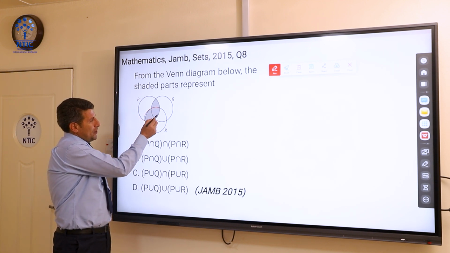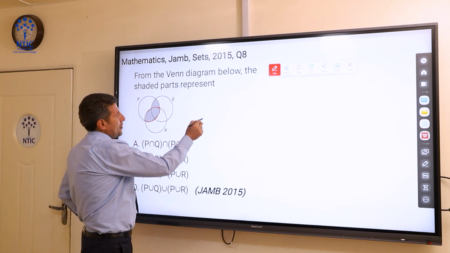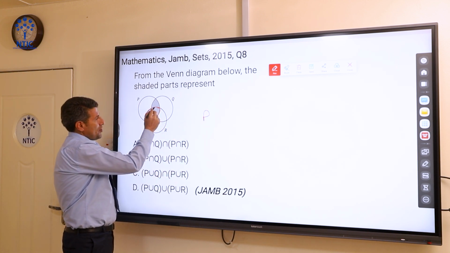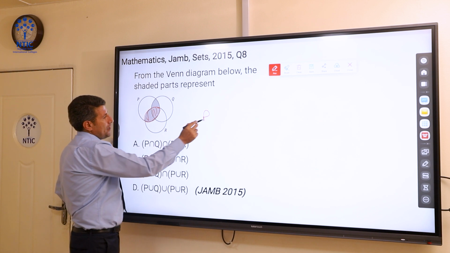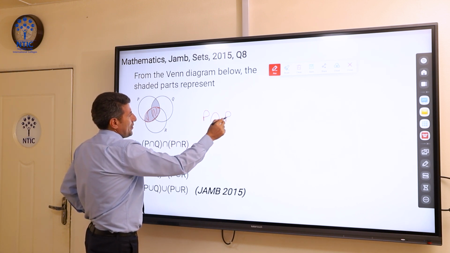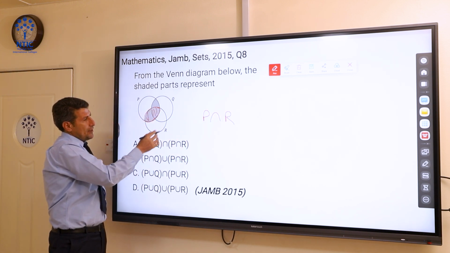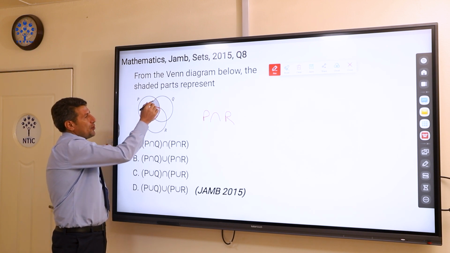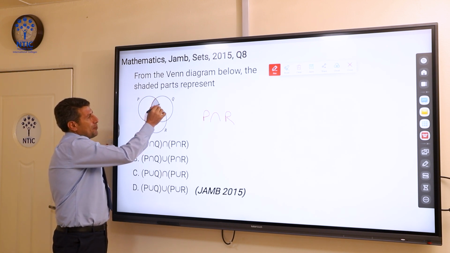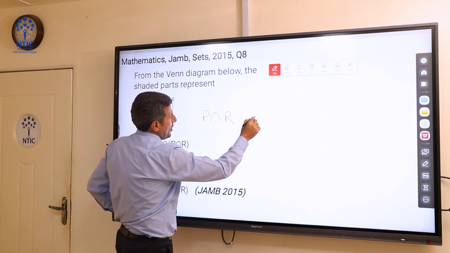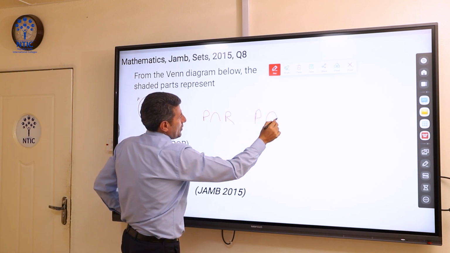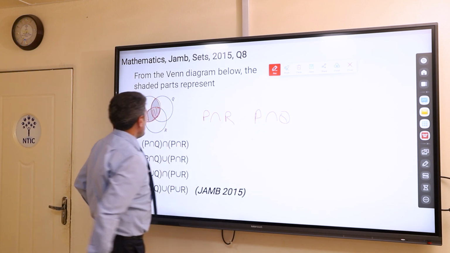For example, this is P. When you check this shaded area here, it is P intersection R, where P and R intersect. Then if you check this area, P intersection Q, where P and Q intersect. Then what happened?